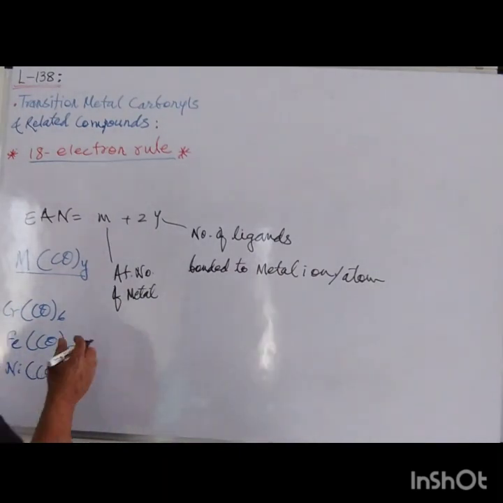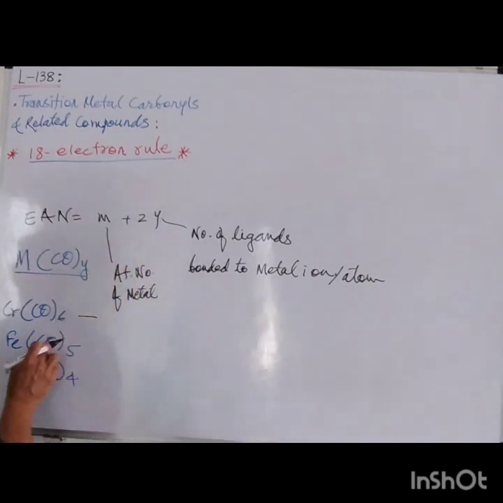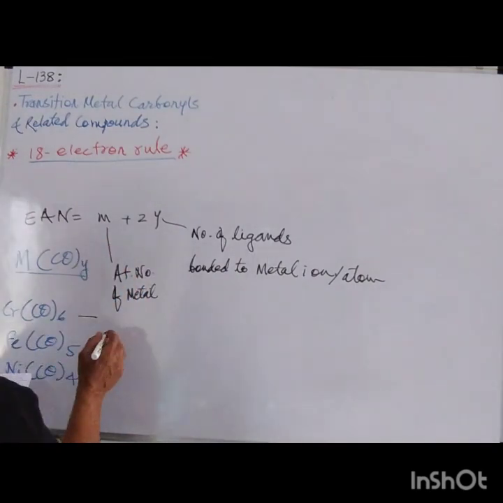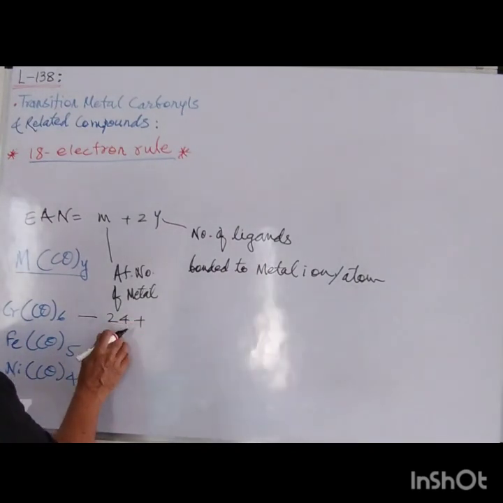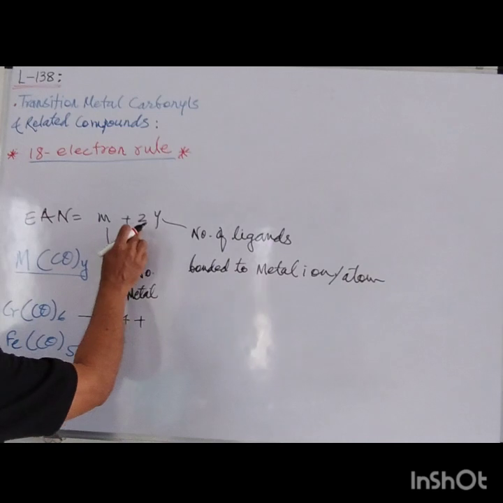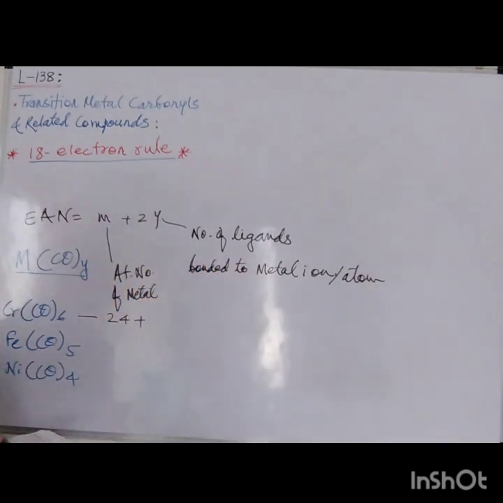In the case of Cr(CO)6, the atomic number of chromium is 24, plus the number of electrons donated by the ligands.